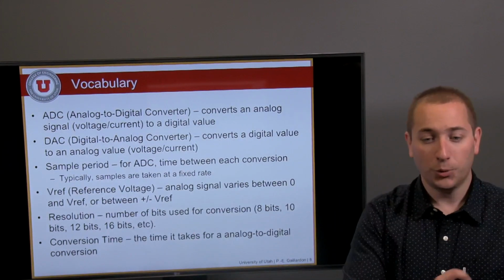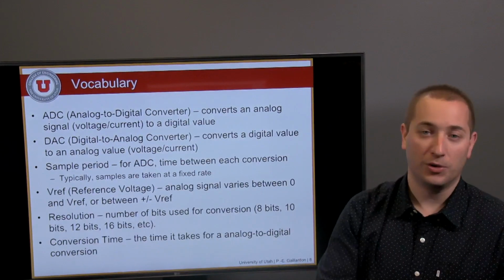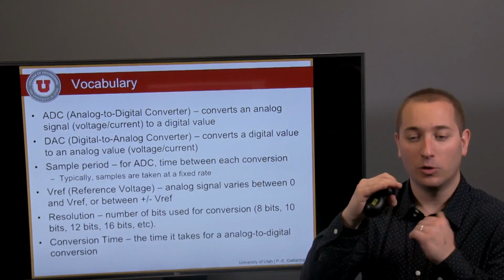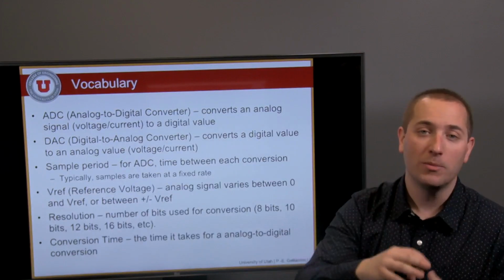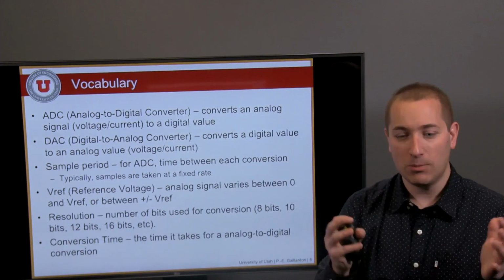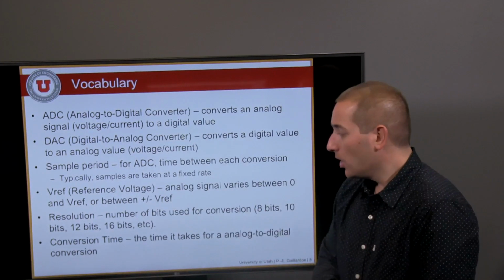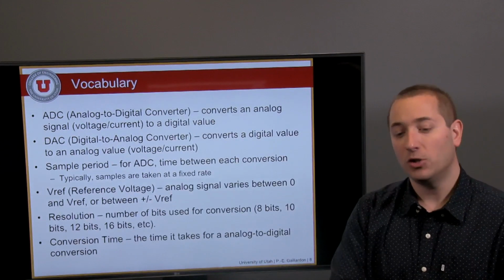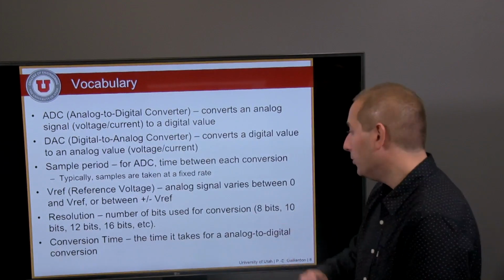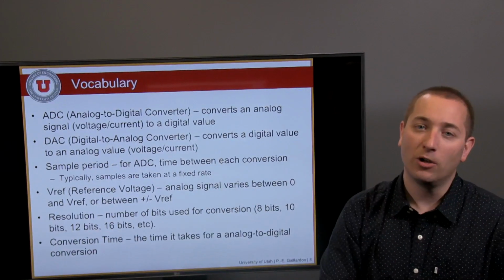VREF, the reference voltage. Any analog signal you take as an input to your system will have to be within ground and VREF, or between minus VREF and plus VREF. It needs to be in a range, in a maximum range supported by your ADC. Resolution refers to the number of bits used for a conversion. For example, you'll be able to have an 8-bit or 16-bit conversion with various levels of accuracy.